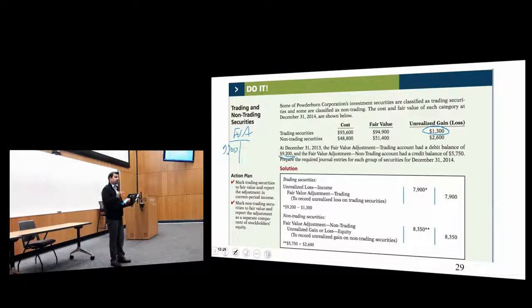It's debited. Gain will be credited. So fair value adjustment will be on the credit side. So you know that the balance on the credit side will have to be 1,300. How do you get from 9,300 to 1,300? By crediting the account 7,900. This is the adjustment.